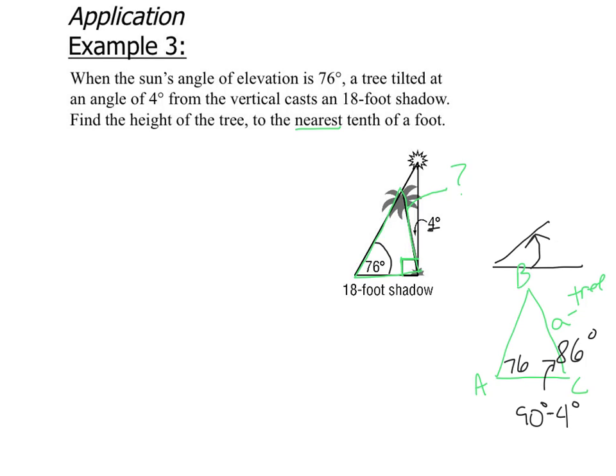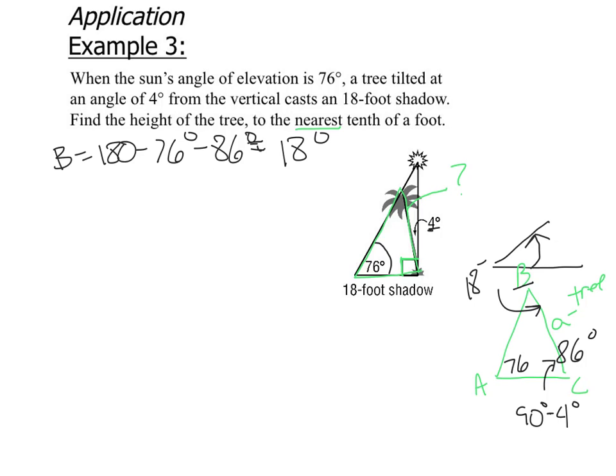And then I can find angle B by saying B is going to be equal to 180 minus 76 degrees minus 86 degrees. So angle B is going to be 18 degrees. Okay, so angle B is 18 degrees.